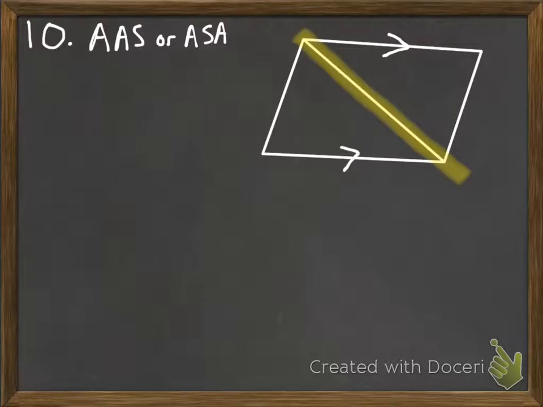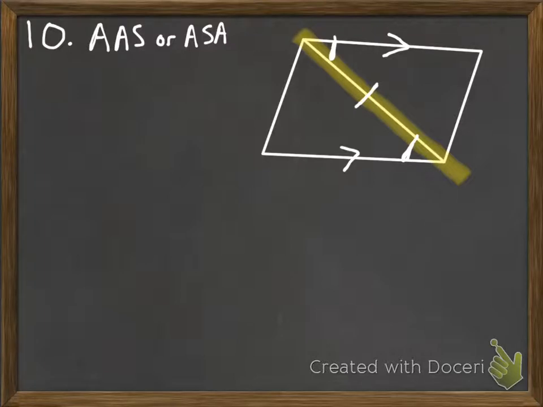So using that information, I should know alternate interior angles are congruent. So this angle right here is congruent to this angle up here. Also, that transversal going through the middle is a side of each triangle, so it's congruent to each other. So the reflexive property says that's congruent.